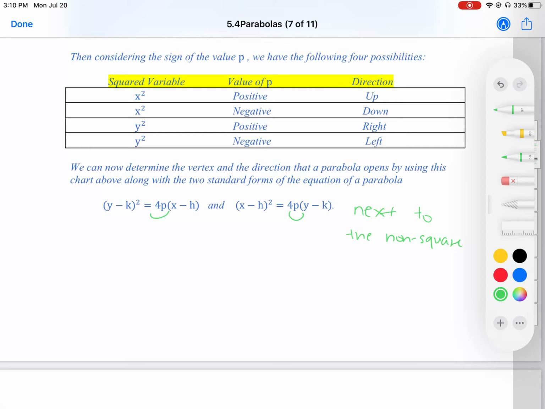So if it's up and down, if my 4p is negative, it'll open down. If my y is squared and my 4p is negative, it'll open left. So down and left. If it's positive, they'll open towards the positive direction, meaning up or maybe right.